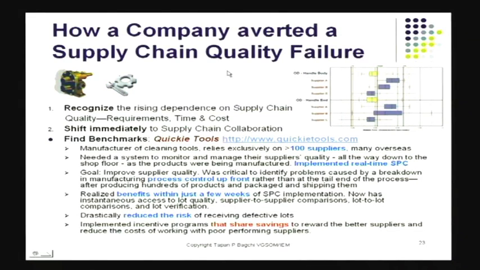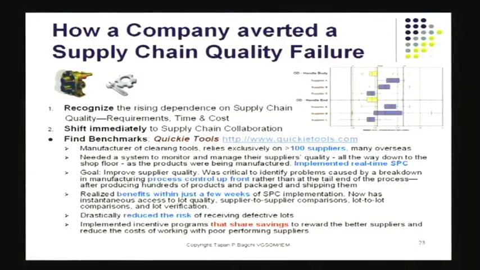Here's an example of a company, how they avoided quality failure. They implemented with their suppliers what we call real-time SPC. They did not have real-time SPC before. SPC is statistical process control, which is your control charts, use of the control charts. This was one company, Quickie Tools. They went after their suppliers and they forced them to use SPC.